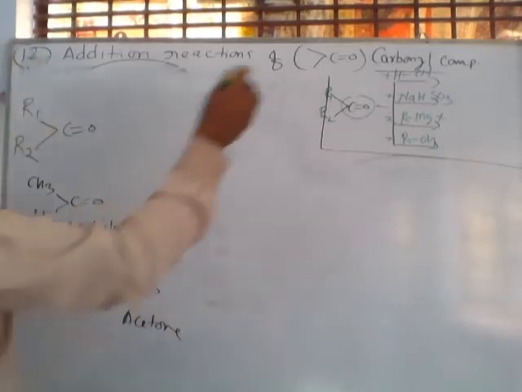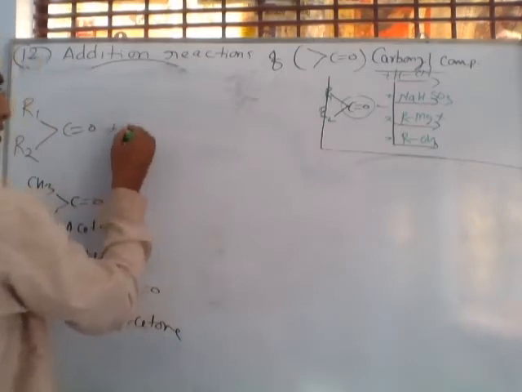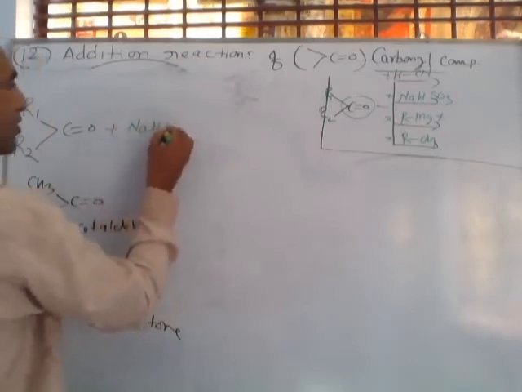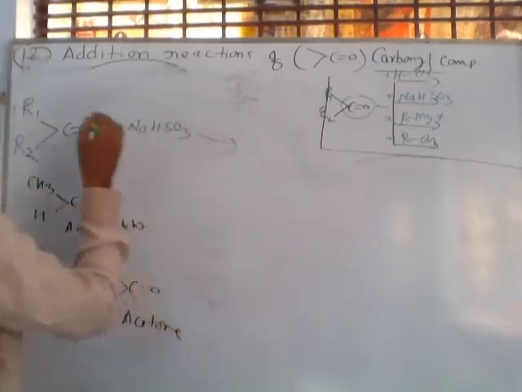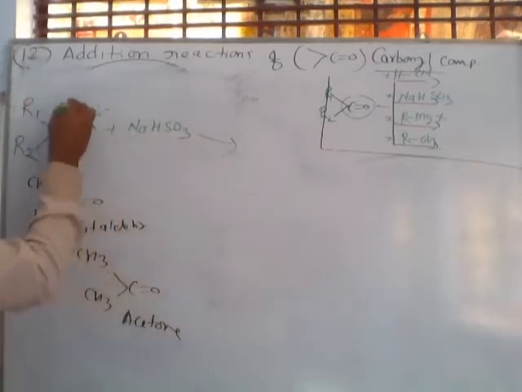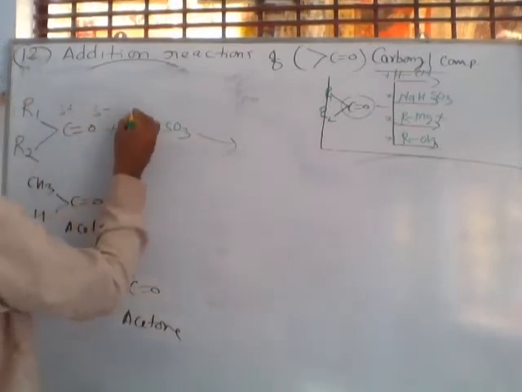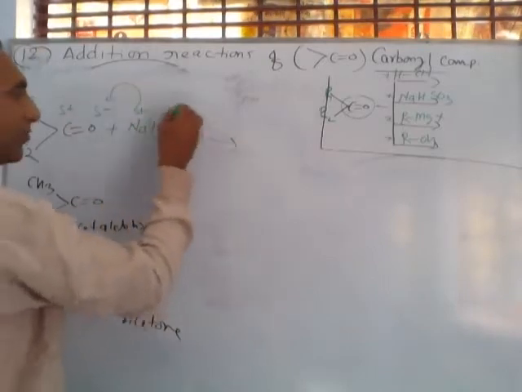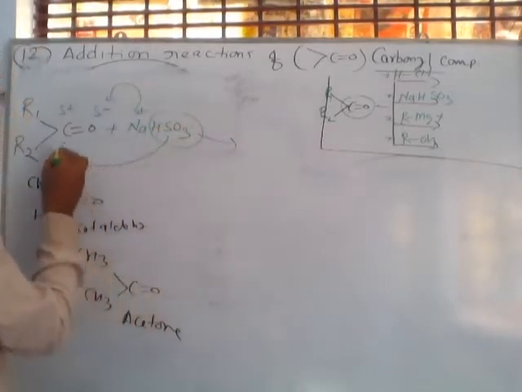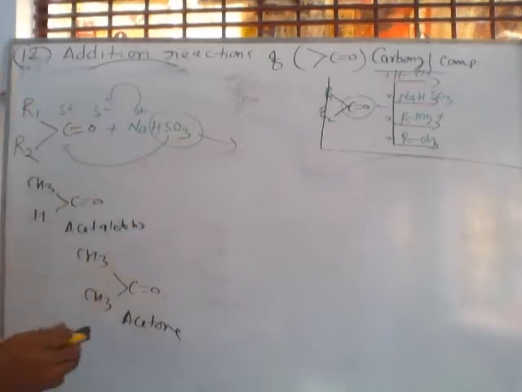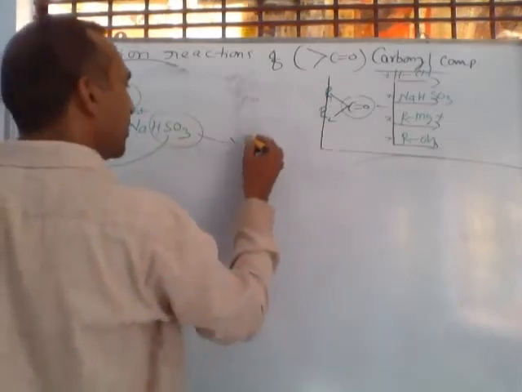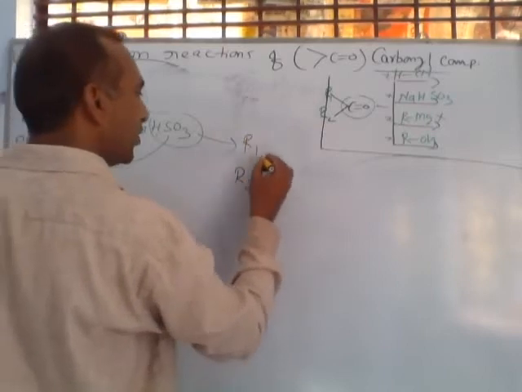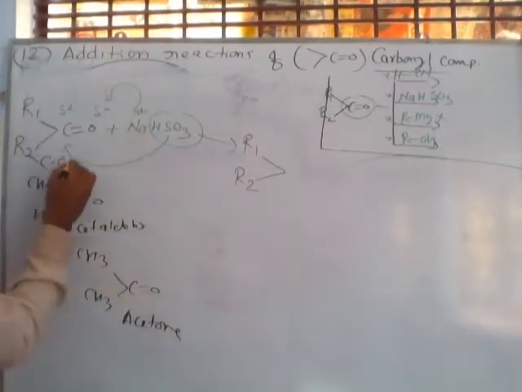And we are reacting with what? Sodium hydrogen sulfite. You remember this is partial negative, partial positive. Here sodium is partial positive, so this will attack the oxygen, and the remaining HSO3 will join on this carbon. Can you guess the product? The product is very simple. R1, R2, this is the carbonyl compound.